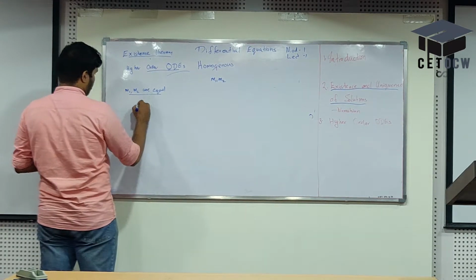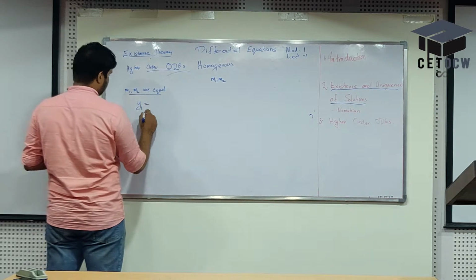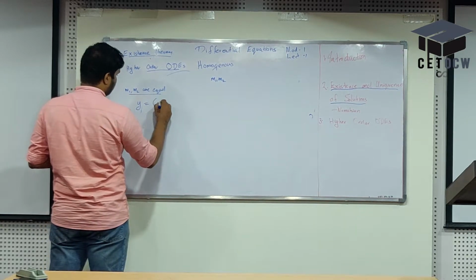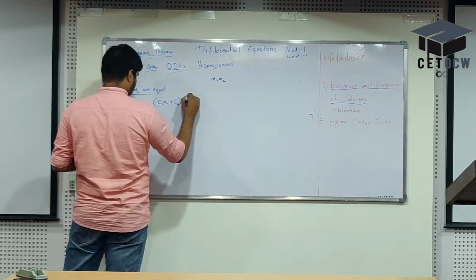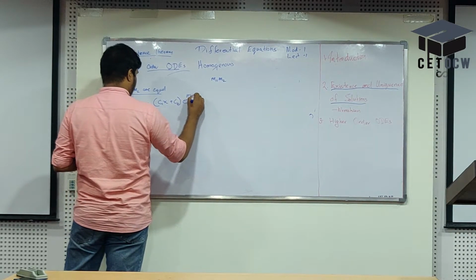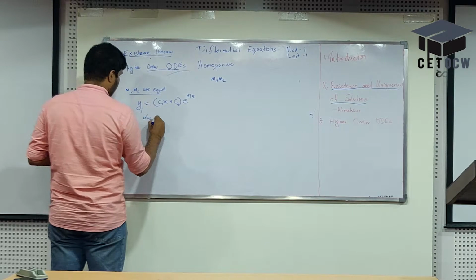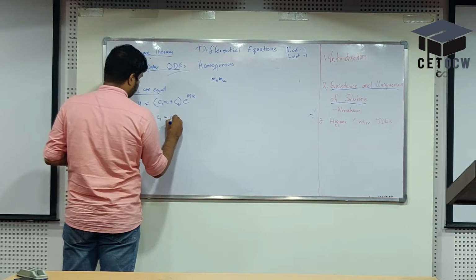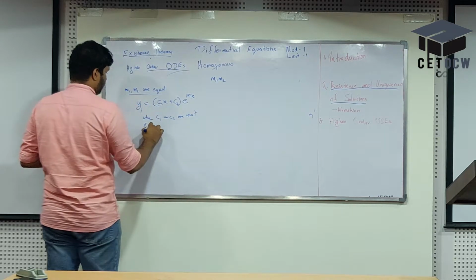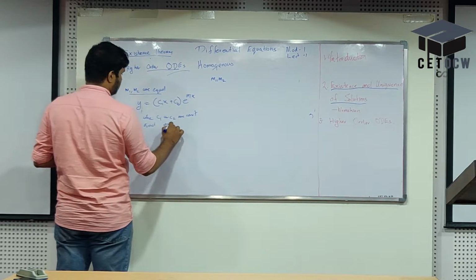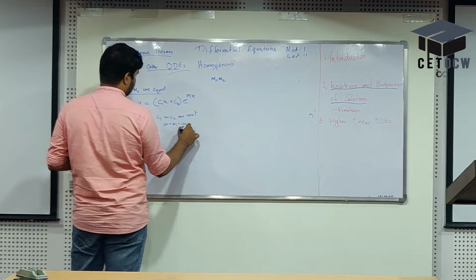then y will be equal to (c1 x plus c2) e raised to mx, where c1 and c2 are constants and m is equal to m1 equal to m2.